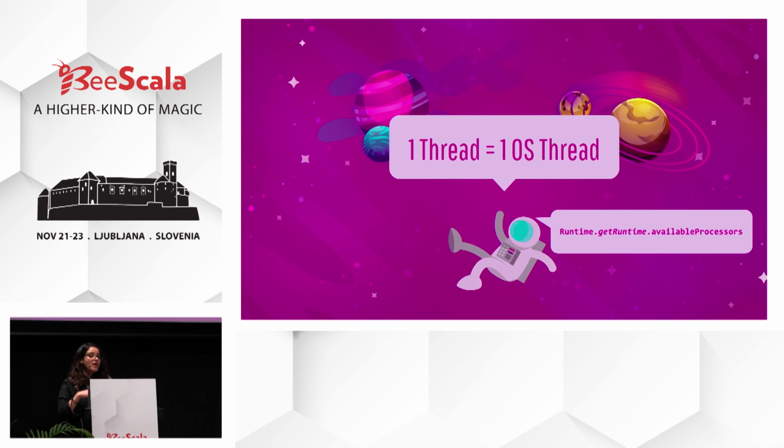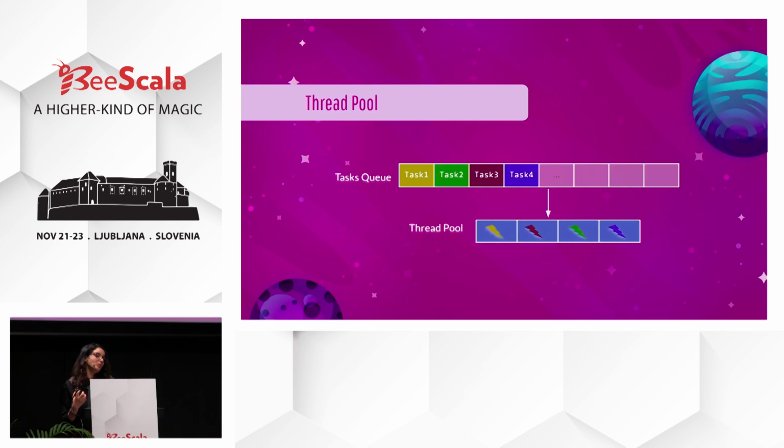But imagine if you have many tasks, more than the number of cores, your JVM will have very, very heavy computations happening, which is not good. So this is why we have the possibility to submit our tasks to a thread pool, which will take each task and run it.